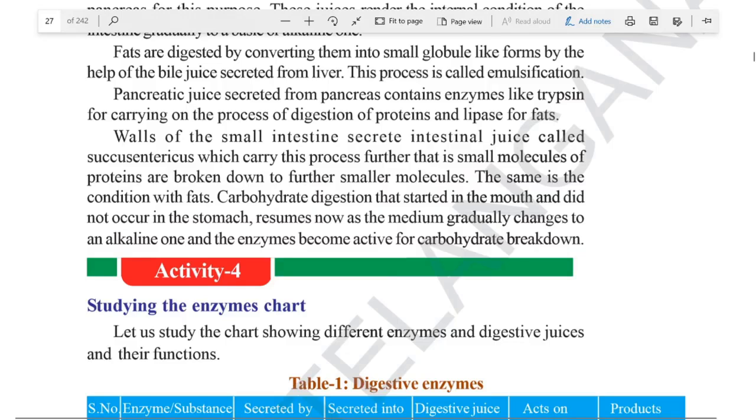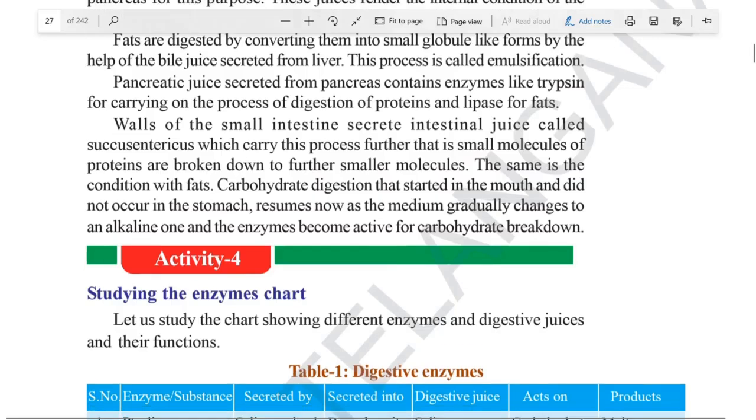And carbohydrate digestion, which started in the mouth, does not occur in the stomach. It will resume, restarting its digestion in the small intestine only. And the enzymes become active for carbohydrate breakdown.